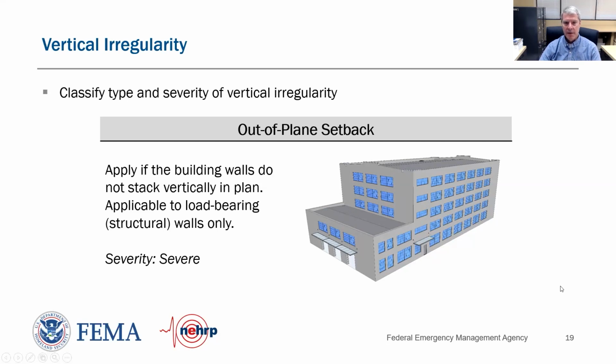Similarly, we can have a building that is similar to a split level, but the roof doesn't frame into an intermediate floor level. It frames in at the same floor level, but it's a setback. Here's an illustration of a building which has a two-story section, then it steps up three more stories to the building section, and then the rest of the building is five stories. So we have a vertical out of plane setback.